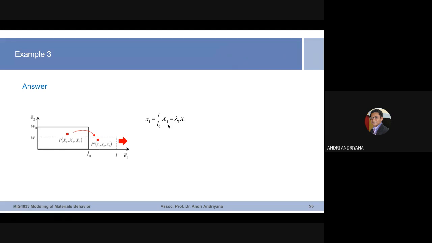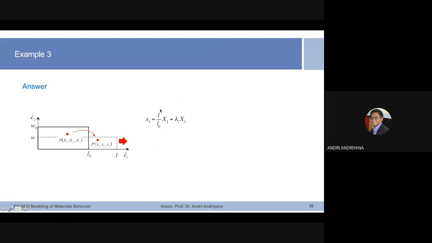Okay. I hope you follow this one. Yeah, this is purely geometrical consideration. Small x1 is simply L over L0 times capital X1. Okay, which means that basically we have the ratio small x1 over capital X1 equal to L over L0.